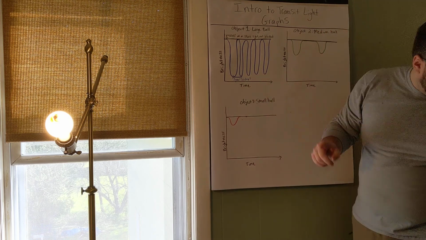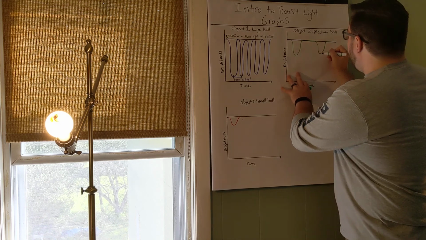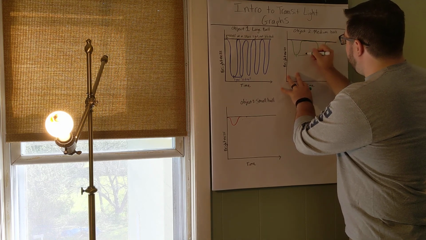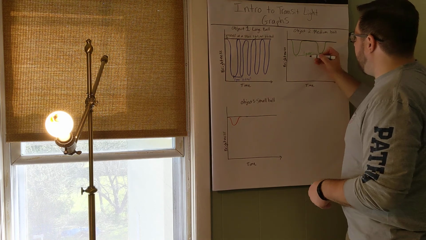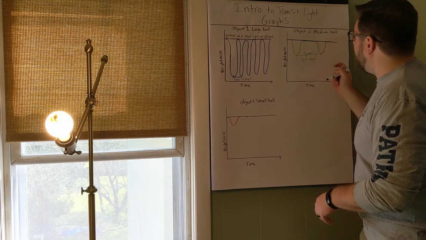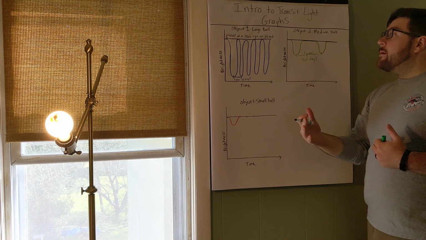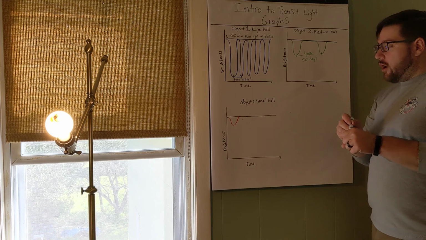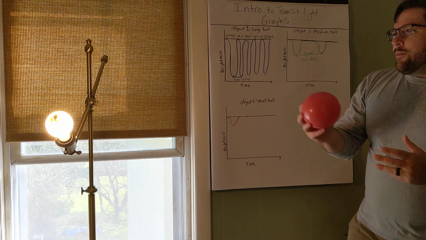Versus this planet, which is going to have a much longer time period. So this planet's year is the equivalent of, let's say, 50 days. It's 5 times longer. Even though it's a smaller planet, it might take much longer for it to pass in front of the star. Sorry, that was the medium one.